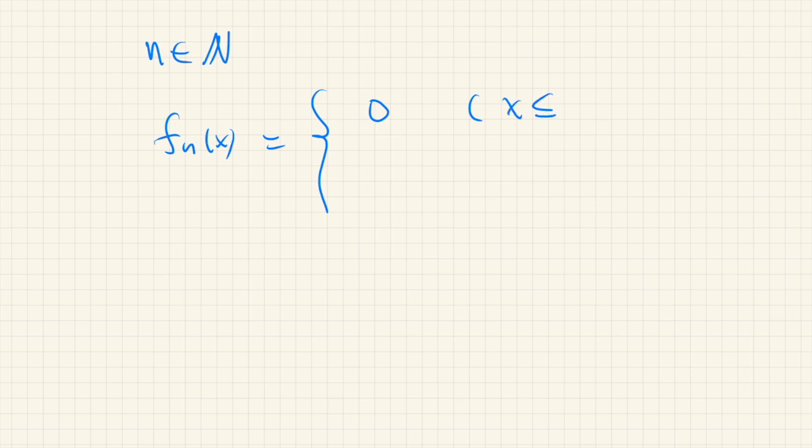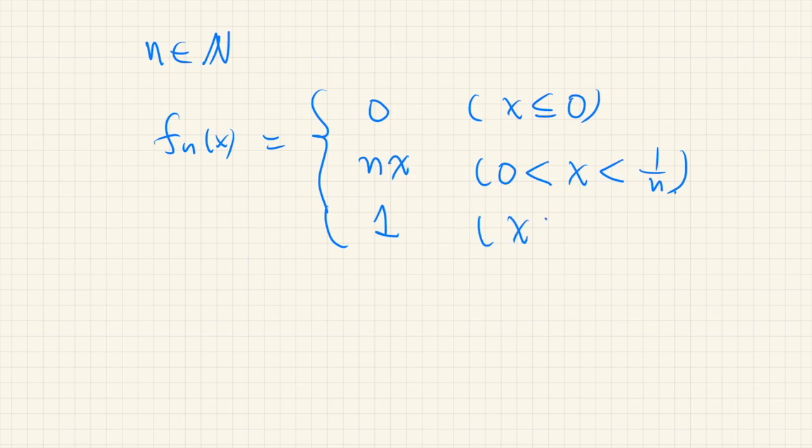Consider this sequence of functions. For each natural number n, we define fn of x as equal to 0 if x is negative or 0, equal to nx if x is greater than 0 and less than 1 over n, and equal to 1 if x is greater than or equal to 1 over n.